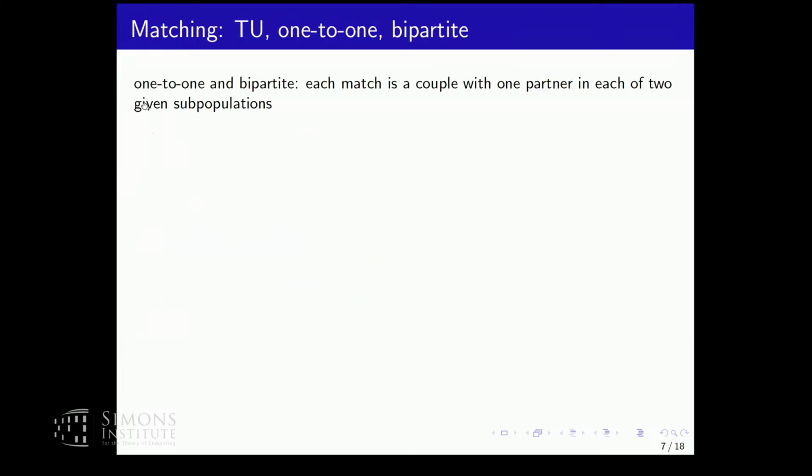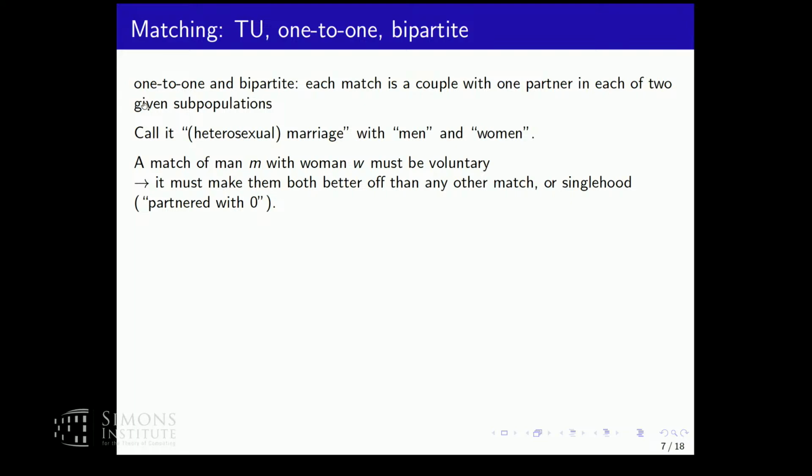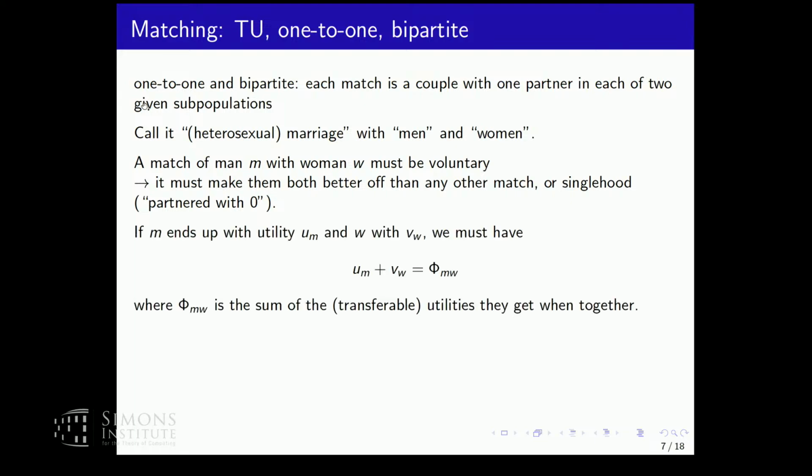Well, I'm going to start to just take the simplest model, again, perfectly transferable utility, one-to-one bipartite, men and women getting married or not getting married. Some people could remain single, okay? All right, so then what do we have?